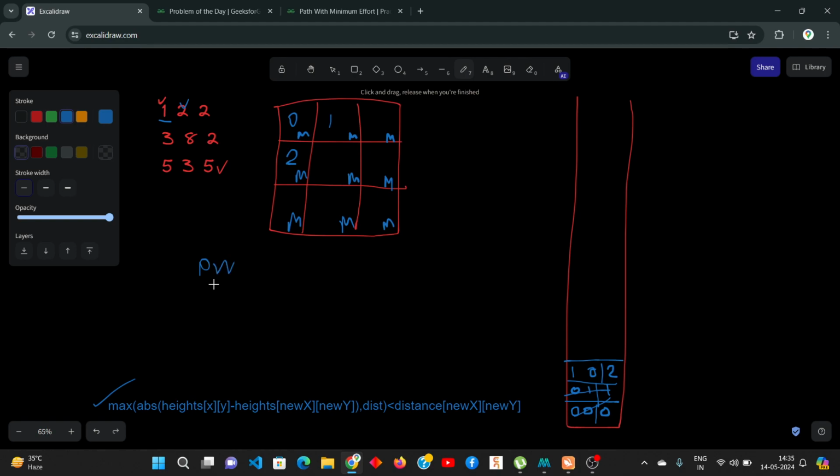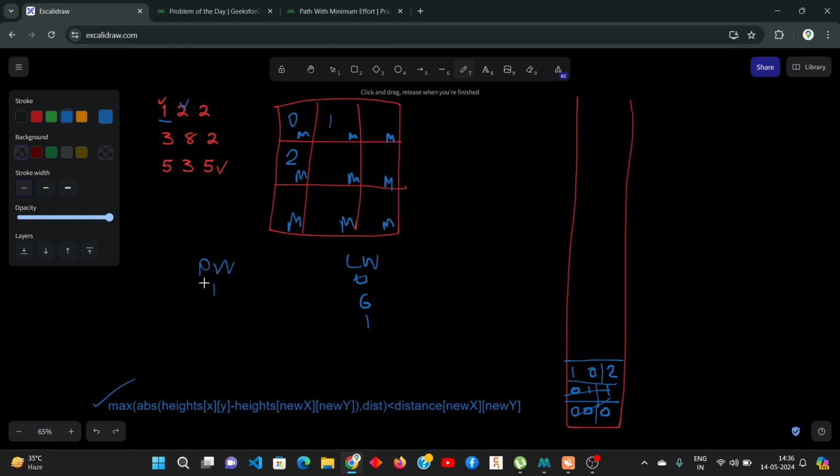Previous weight is 1, and the current weight for the adjacent nodes will be written here. Okay, so the previous weight is 1, and the adjacent node is 2. So 2 minus 2 is basically 0, and here 2 minus 8 is 6, and 2 minus 1 is basically 1.